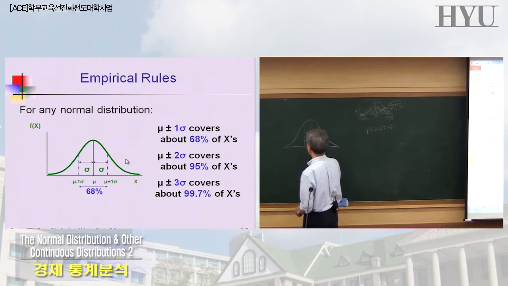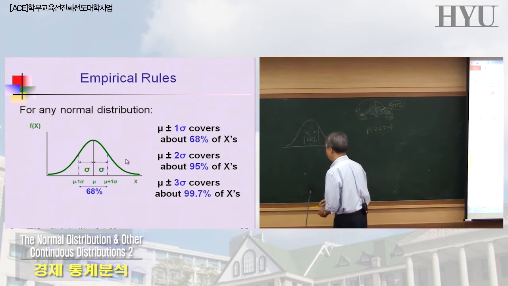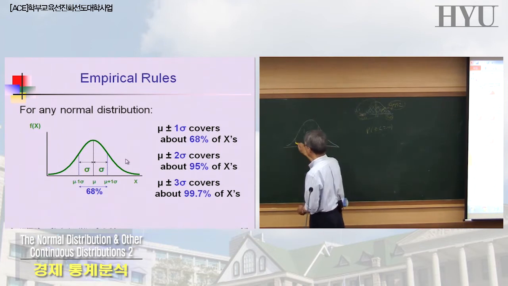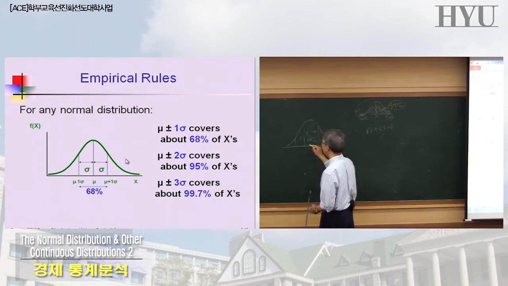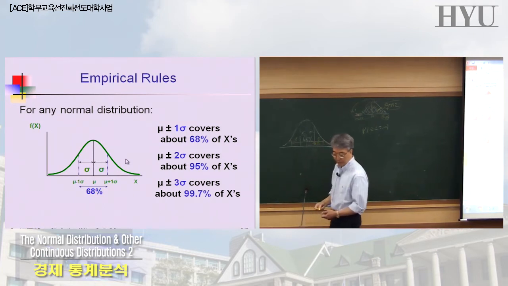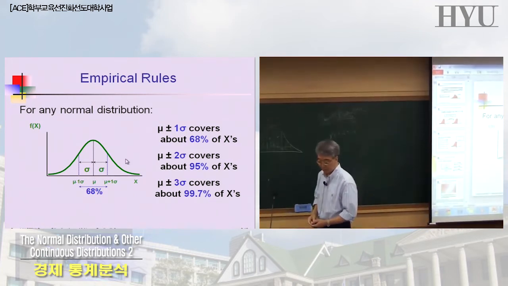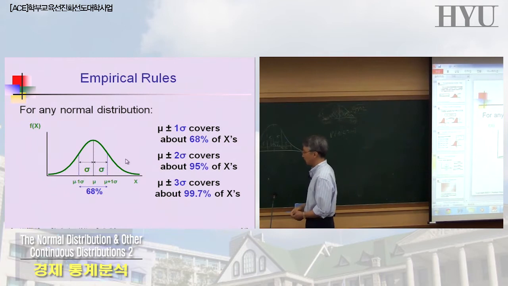That's 68%. Okay? If you extend it to two standard deviations, another sigma here, then that area covers about 95%, or 95.5%, of all the distribution, right?